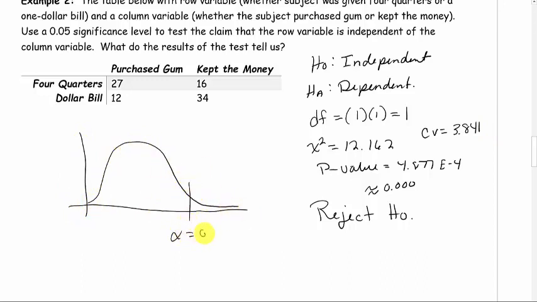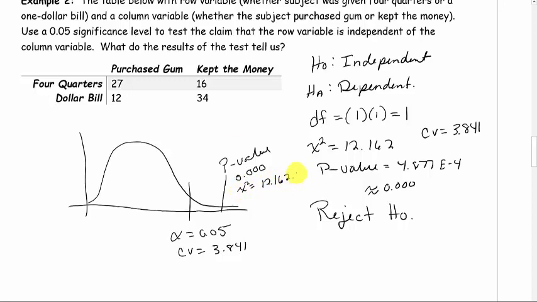Alpha is 0.05, and our p-value is approximately 0. And so that would be doing the p-value method. If you're going to do the critical value method, then this would be our critical value of 3.841, and this would be our chi-squared statistic of 12.162.